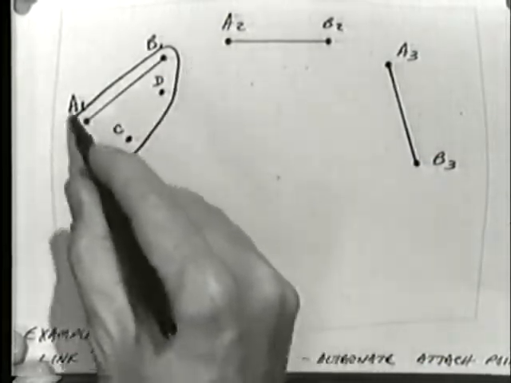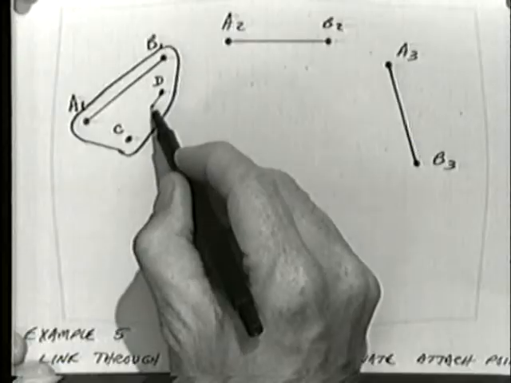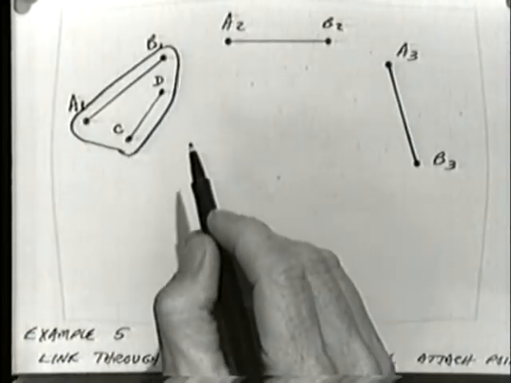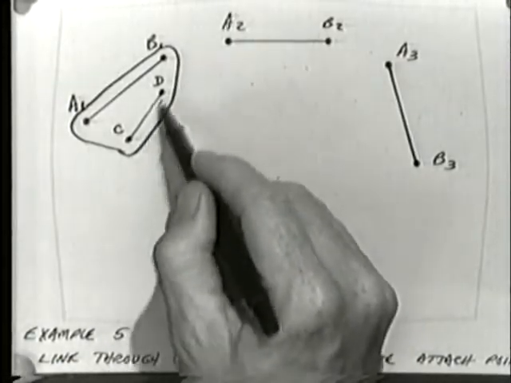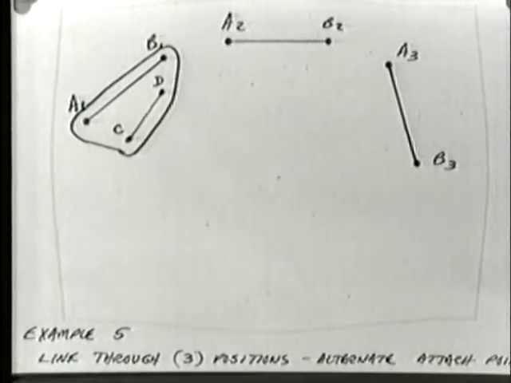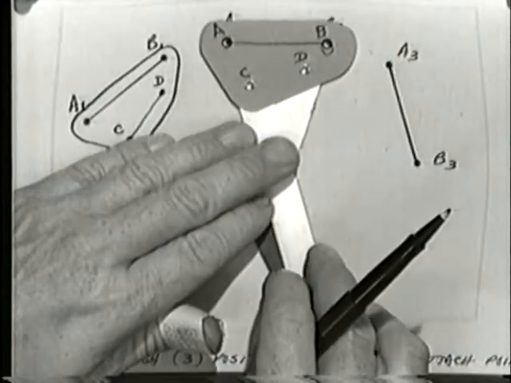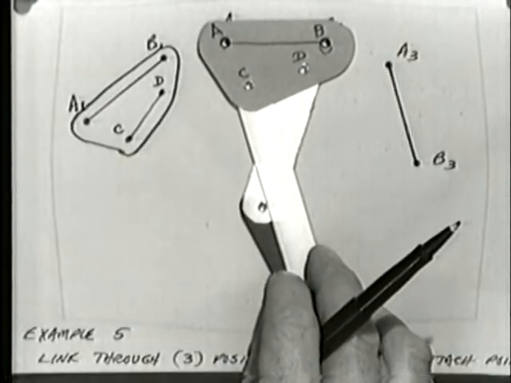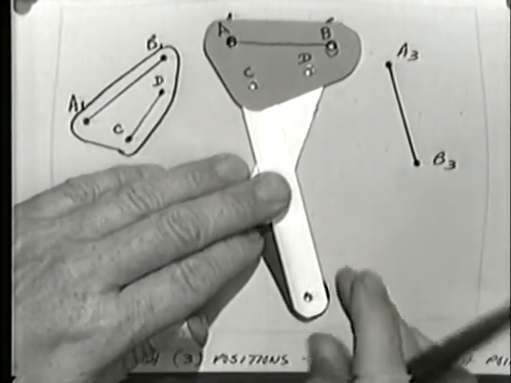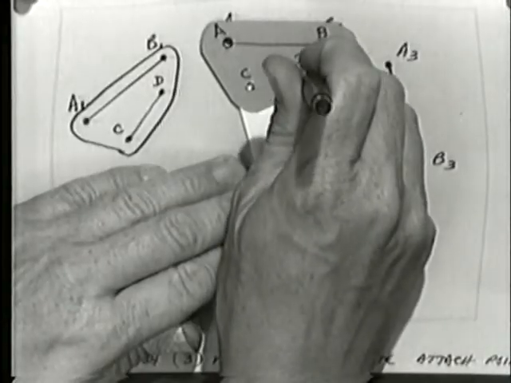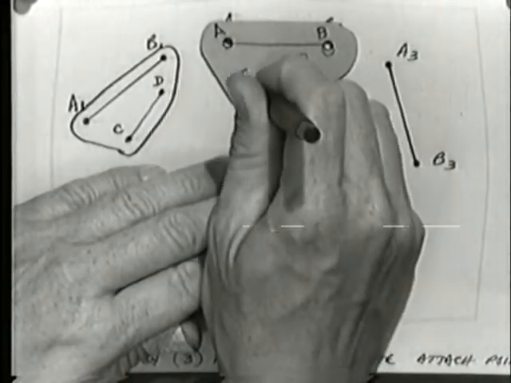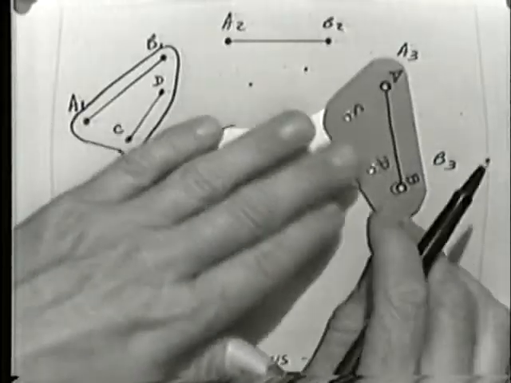This is all one solid hunk of material, and it's a rigid link, so therefore the line CD has some particular geometric relationship to the line AB, and that relationship will obtain in all of these 3 positions.